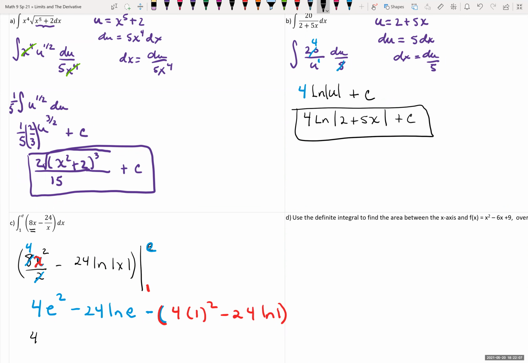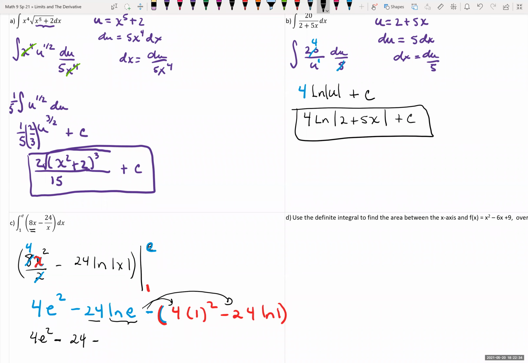So 4e squared minus, well, natural log of e. This is saying it's a log, it's an exponent. So it's saying what exponent do I raise my base, which is e, to get back this e? Well, I raise e to 1 to get back e. So this is just 1 times the 24, here is 24 minus, so let's just distribute while we do this. 4 times 1 squared, that's just 4.